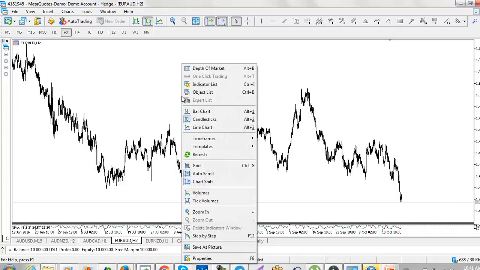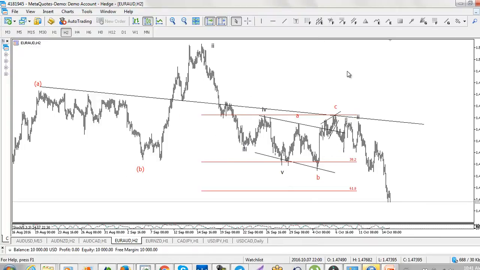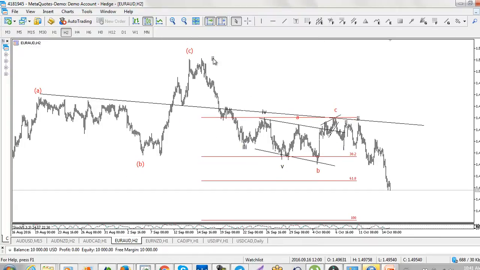Now, let me show you what I have there. Euro Australian dollar. So from here to here, this is the last leg of the long-term corrective move. It ended around here.